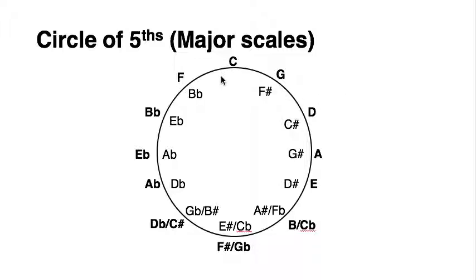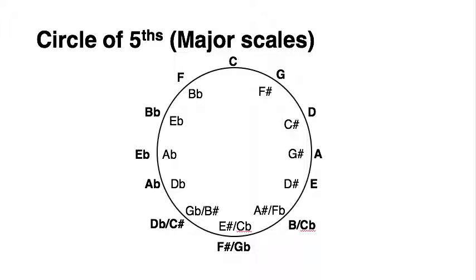Each time you transpose a major scale up by a perfect fifth, starting on C major, you will need one additional sharp. That is the clockwise version of the circle of fifths. Each time you transpose a major scale down by a perfect fifth, starting on C major, you will need one additional flat. That is the counterclockwise version of the circle of fifths.